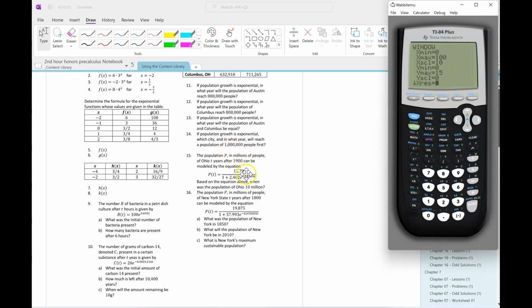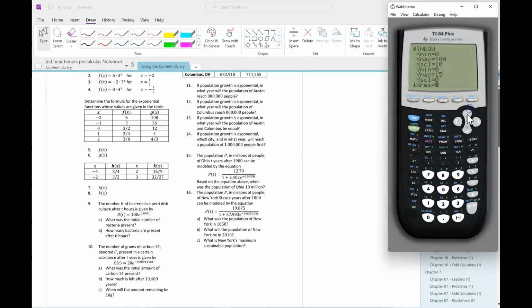The upper bound is really 12.79, but I'm just going to use 15 because it's a rounder number. Oops, scale should be 1. All right, let's take a look. Here's my 10 million line. There's my logistic curve. There's my intersection: second trace, intersect command, enter, enter, enter.